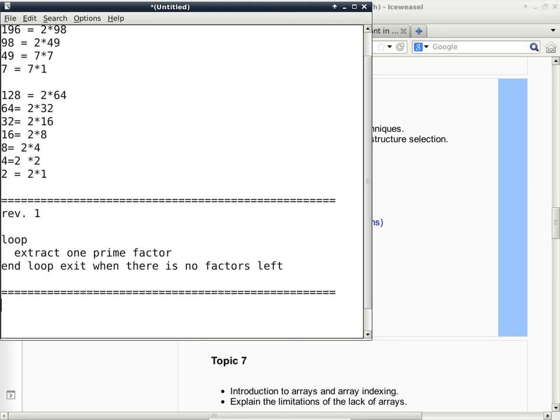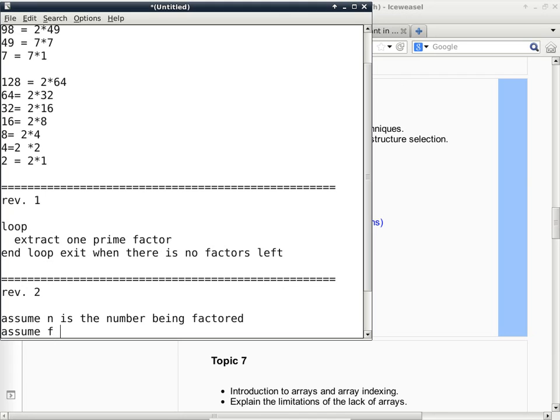All right. So in revision 2, this is really kind of fuzzy, because what is the number being factored and what is the prime factor and so on? So now we want to use names. We want to use variable names to identify the different values that we are dealing with. So we say assume n is the number being factored, and assume f is a prime factor of n.